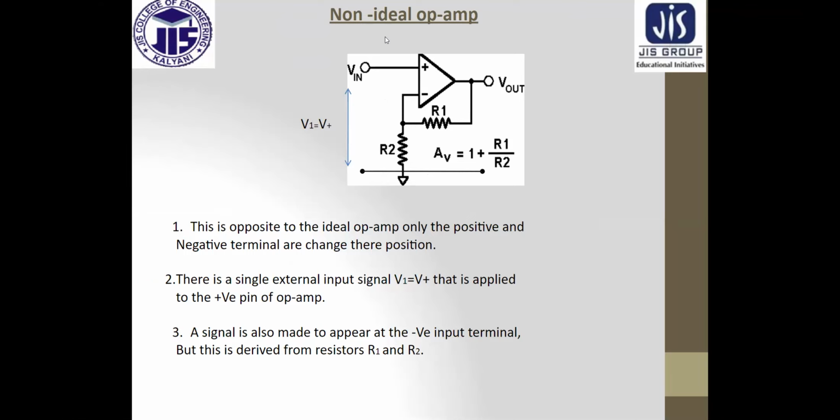There is a single external input signal. If it is connected to the positive input, then it will be a non-inverting op-amp, and if it is connected to the negative input, then it will be an inverting op-amp. A signal is also made to appear at the negative input terminal, but this is derived from resistors R1 and R2. So take 5 minutes and draw the diagram.